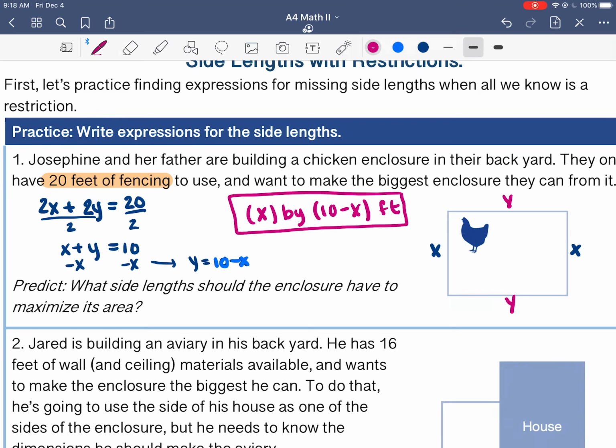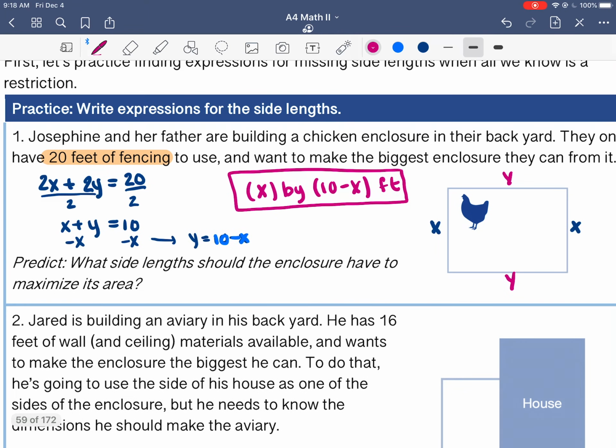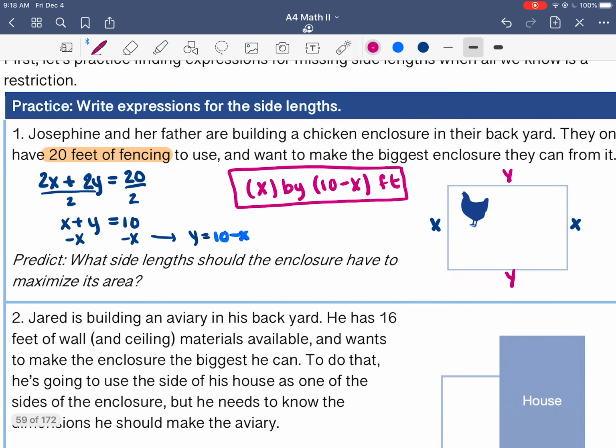We have 20 feet of fencing. One side we just labeled x, and you can think of it as half of the rectangle being 10 feet, and then what's left after we already use x, which is 10 minus x.